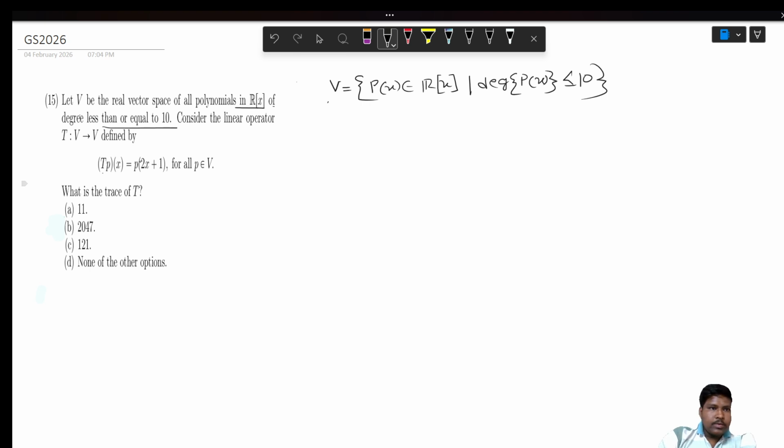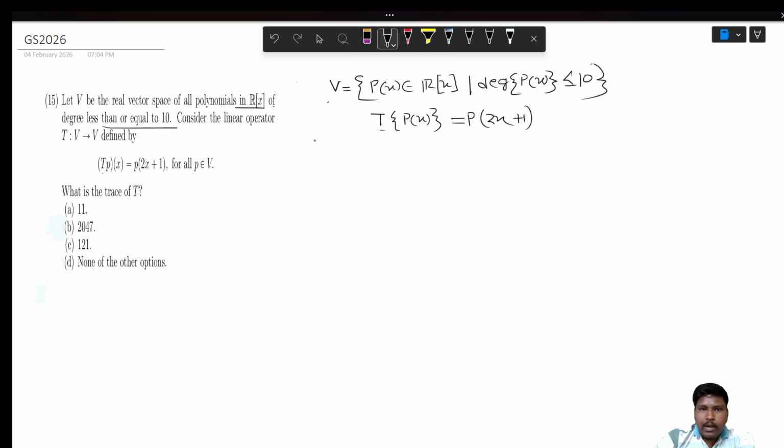And the linear transformation है कि T of p(x) is p of 2x plus 1. So what will be the trace of this T?